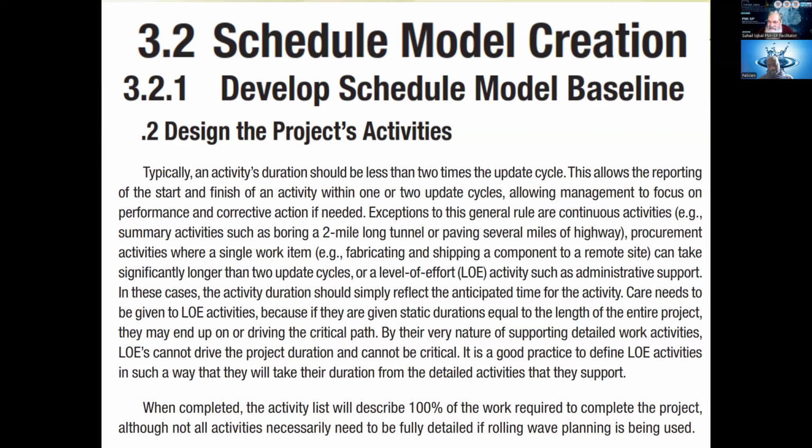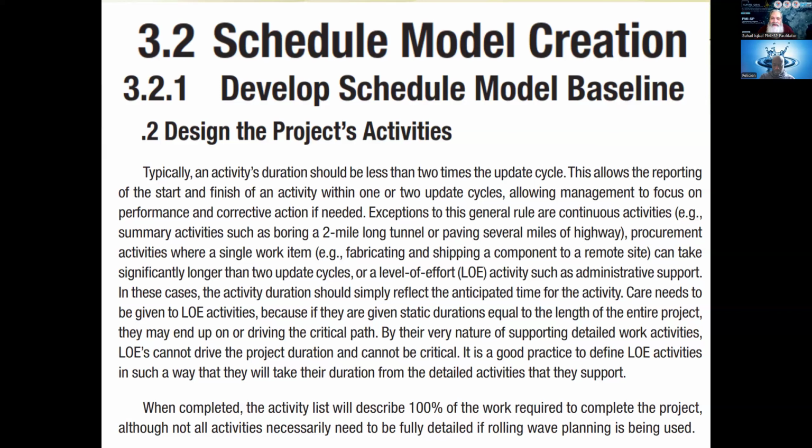Maximum our effort is to have activities of the size that can easily be reported after every progress cycle. But if there is a longer activity which exceeds one update cycle, we can afford it, but our priority would be that it should finish in at most 2 update cycles.